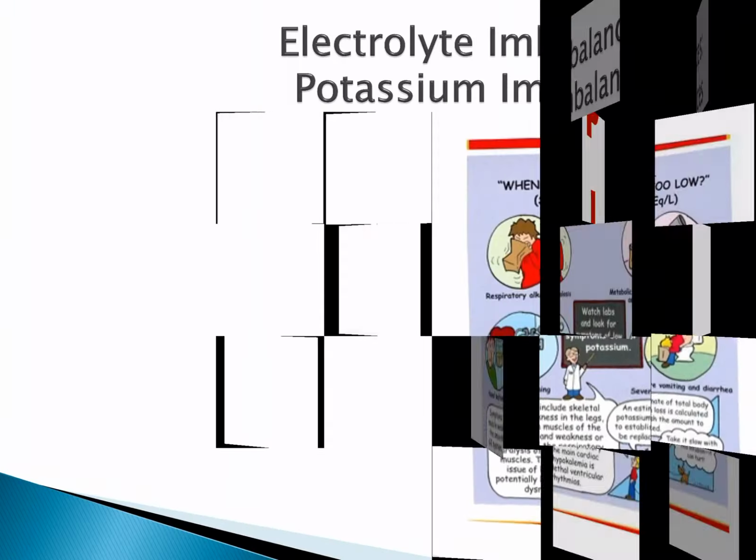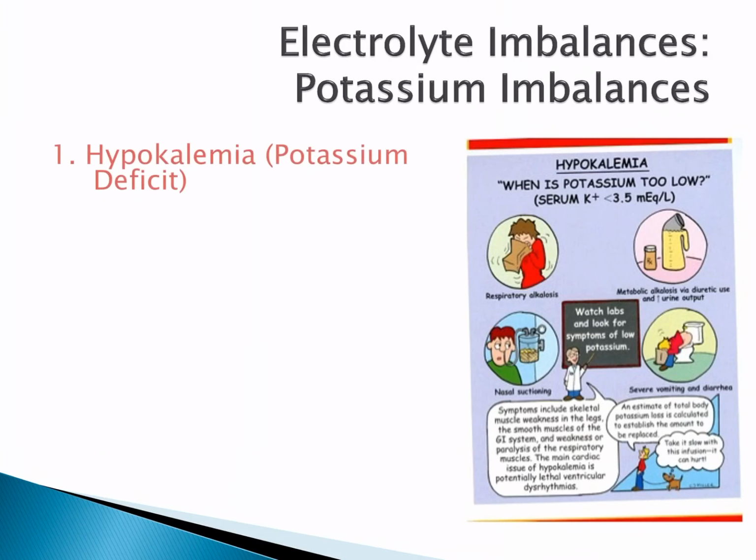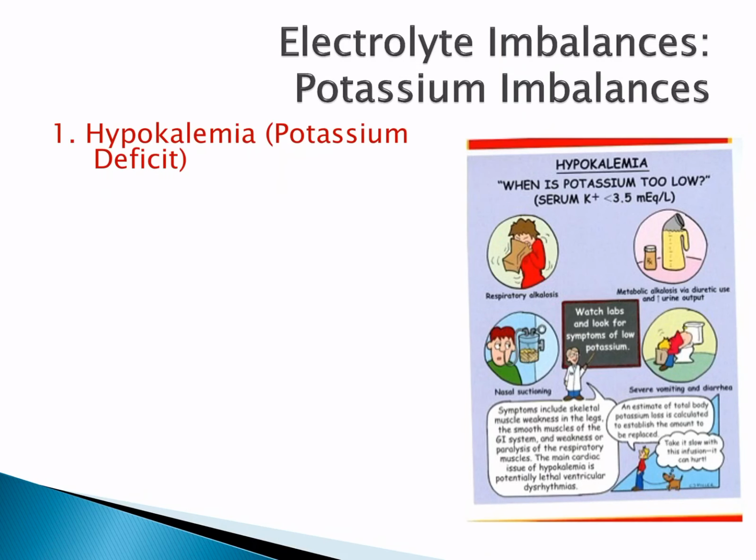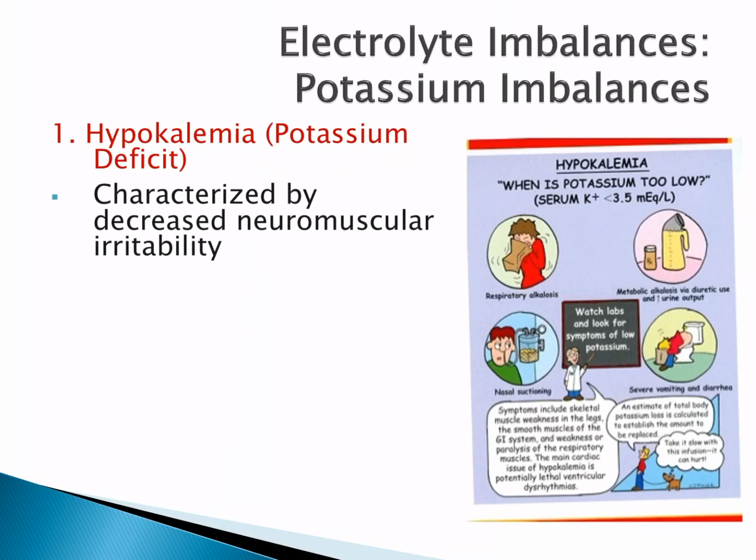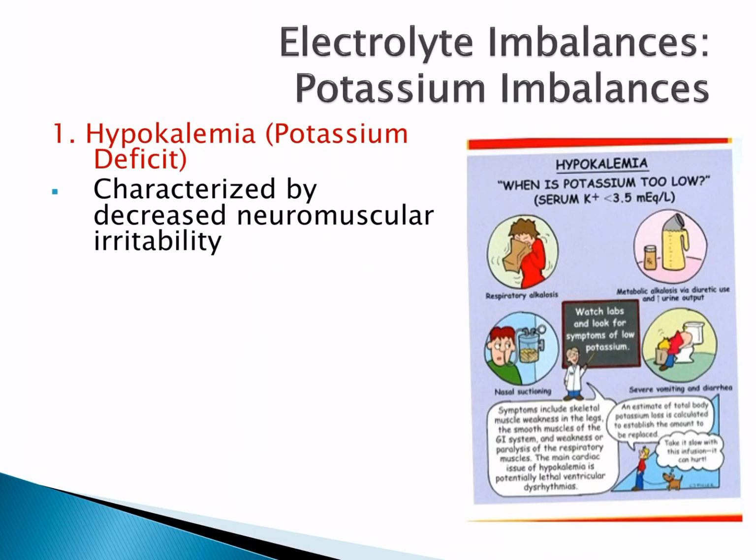So next we have your potassium imbalance. So hypokalemia or potassium deficit, or there is a low level of potassium in the blood. So characterized by decreased neuromuscular irritability. So everything is low and slow. So you would think that any reaction that is slowed is caused by your hypokalemia.